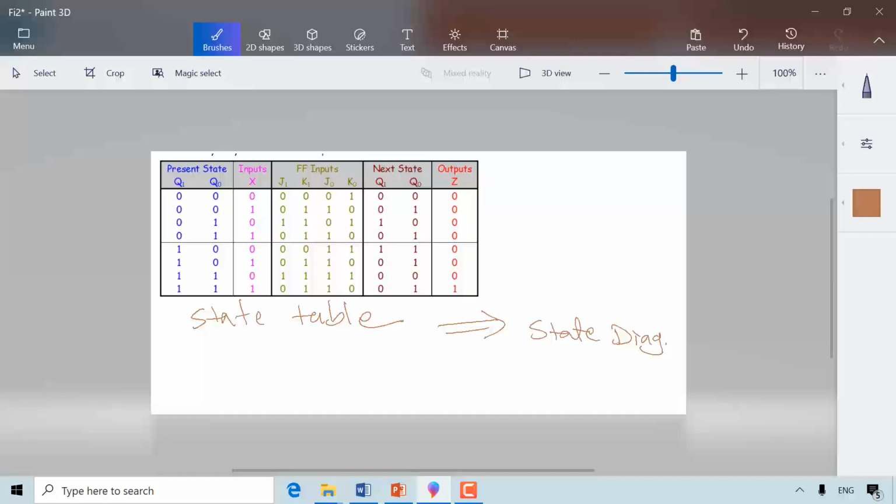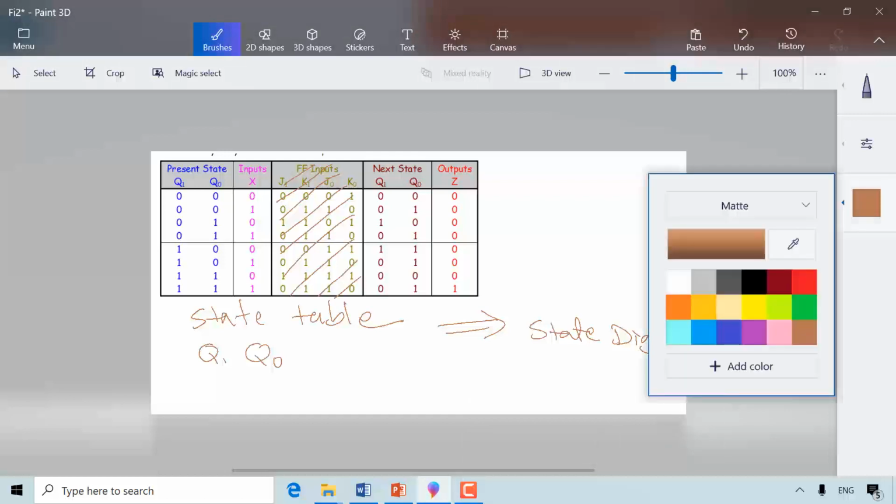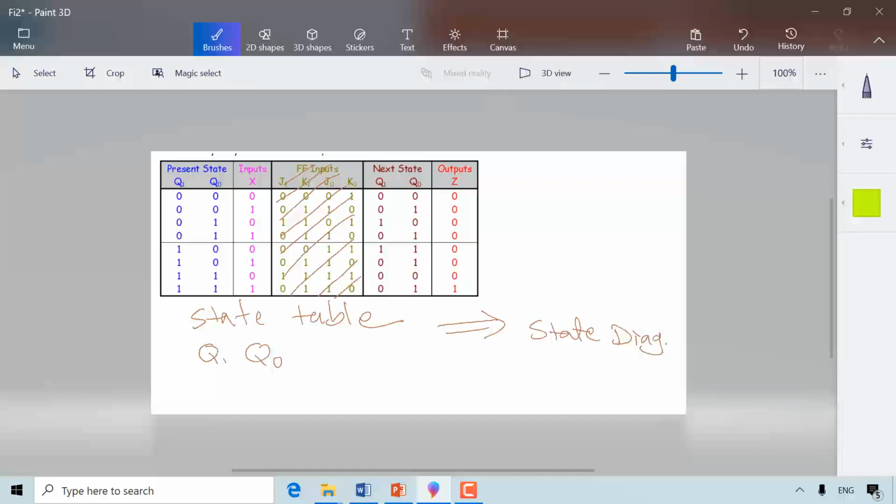Ignore for a second this thing, because this part is not going to help me. Let's understand how many states I have, since I have Q1 and Q0. Let me organize my diagram here.